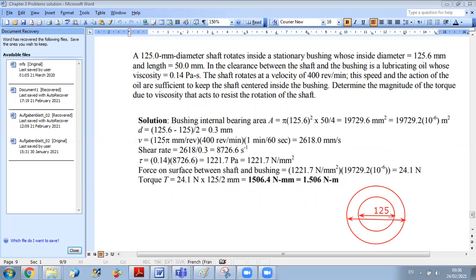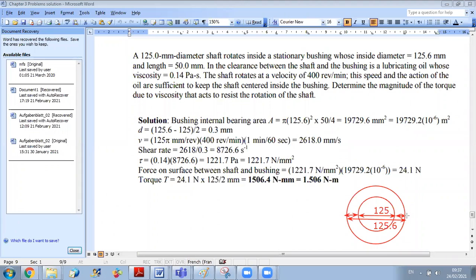What will be the clearance between them? By simple calculation, it is 0.3 millimeter. Because you subtract 125.6 minus 125, over 2. Why over 2? Because I have the clearance from both sides, here and here.